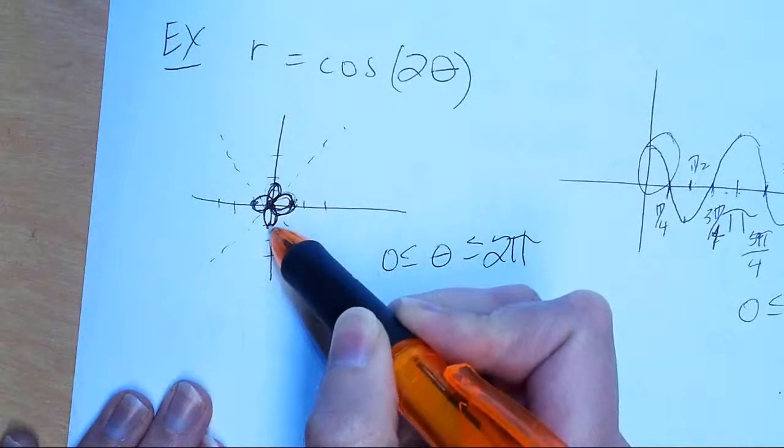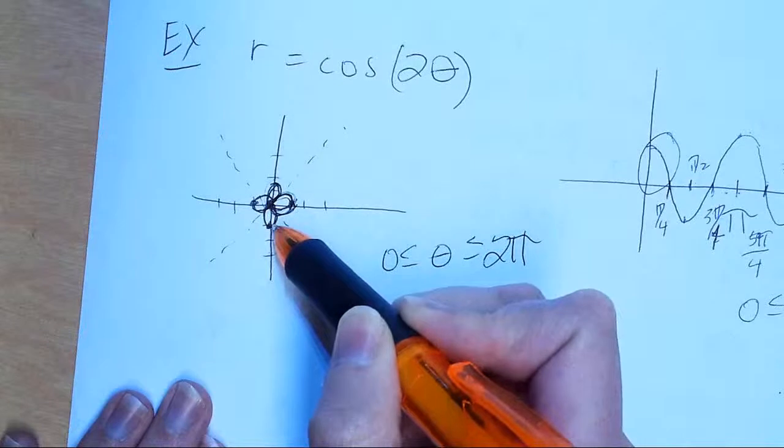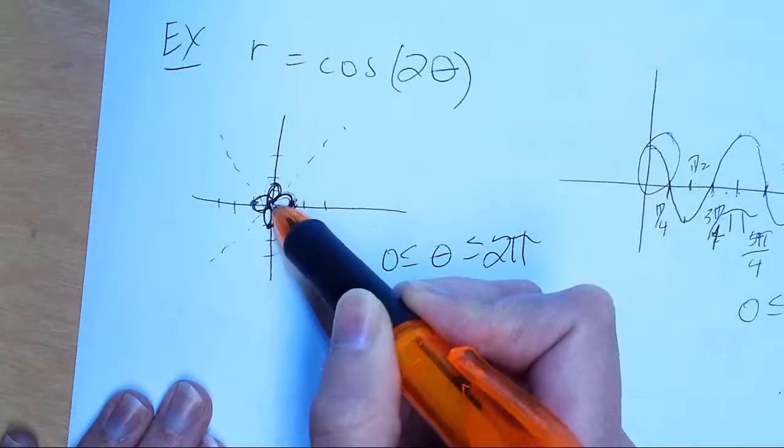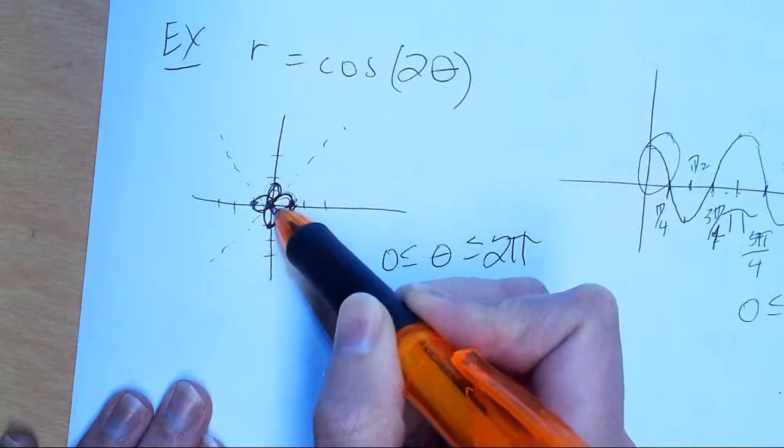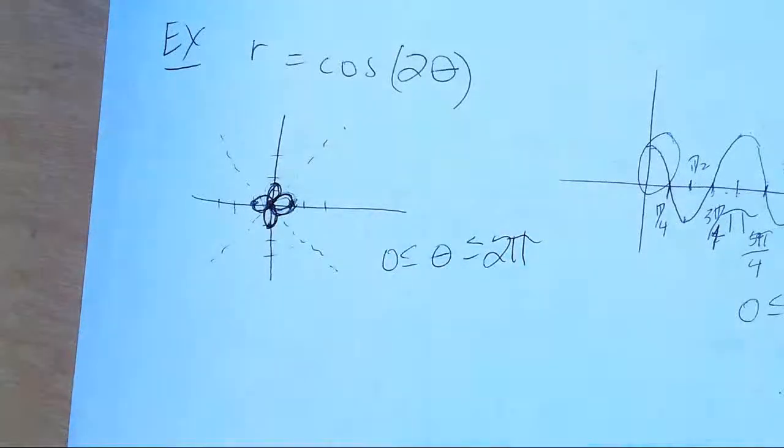Pi over 4 to pi over 2, pi over 2 to 3 pi over 4. So we got a whole leaf in pi over 4 to 3 pi over 4. Does that make sense? We also could have chosen 5 pi over 4 to 7 pi over 4. It doesn't matter because they're all the same.